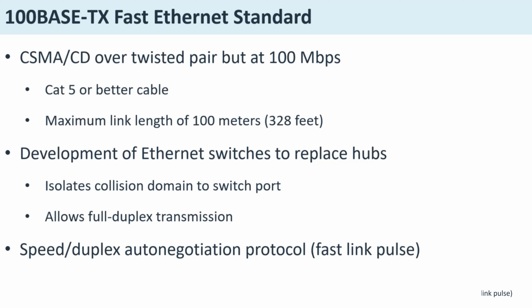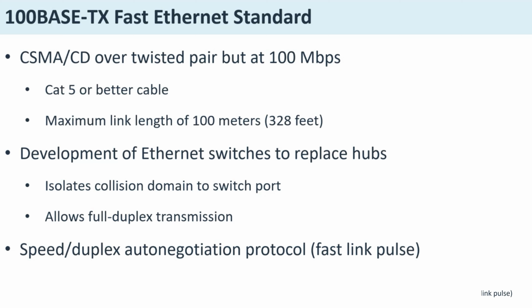So you have to remember that if you're running 100BASE-TX cable that's Cat5, you can go a maximum of 328 feet. That doesn't mean you should run literally 328 feet, because then you're going to experience packet drops.